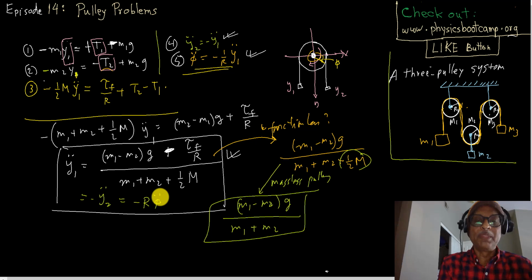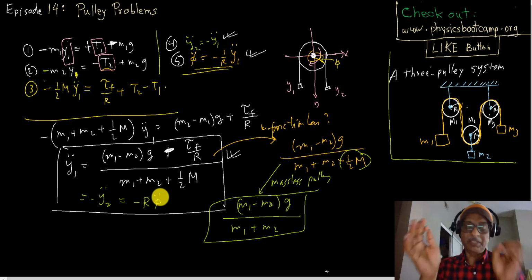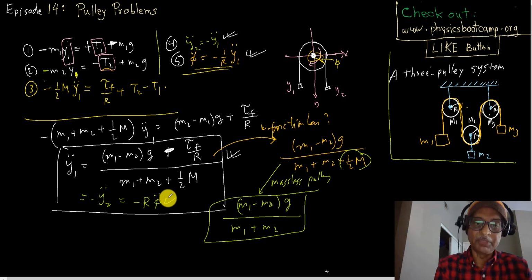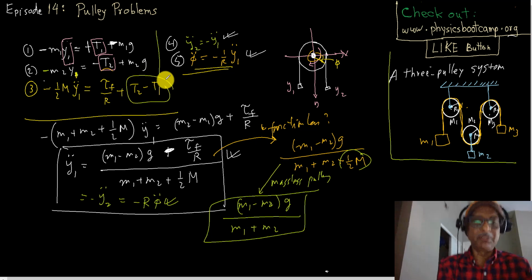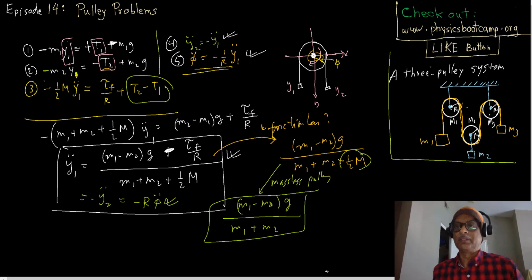So you can see even for a massless and frictionless pulley, you can study the rotation of the pulley if you carry out this whole rotation problem along with the translation problem. Okay, so there was some gaffe about this, missing out in some parts of the video, but the rest of it is still okay. All right.